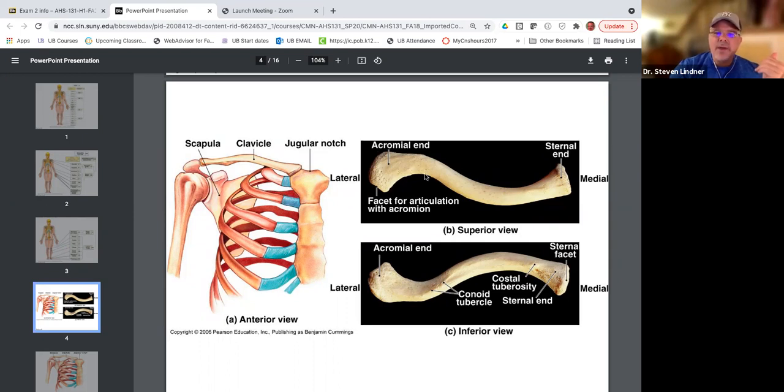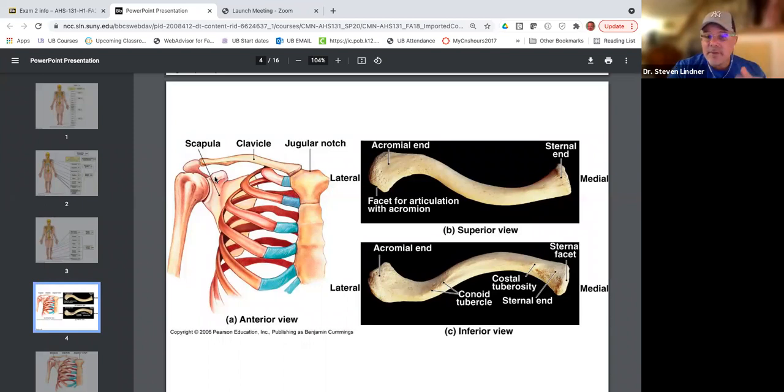The reason this concavity is significant is that once you find the deepest part of the concavity of the clavicle and you drop inferior to it, it takes you to this bony prominence of the scapula called the coracoid process.